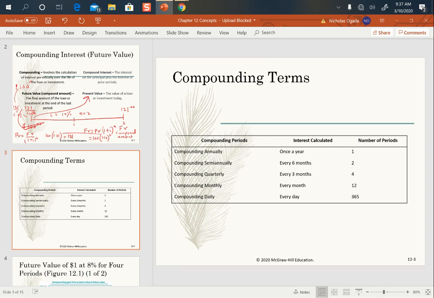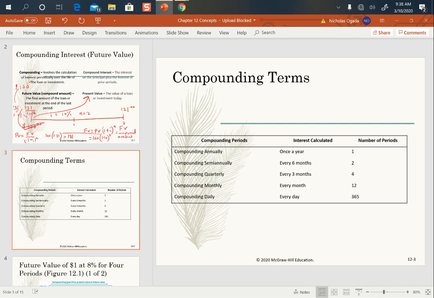The terms of the investment or the loan could be 8% per year or 10% per year. If the compounding is on an annual basis, once a year, then if you're talking about 1 year, you have one period. If you're talking about 2 years, then of course you have two periods. If you look at 5 years, then you have 5 periods.